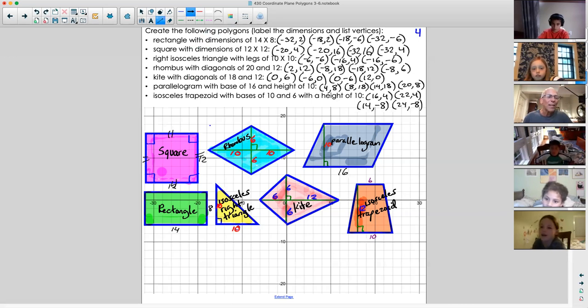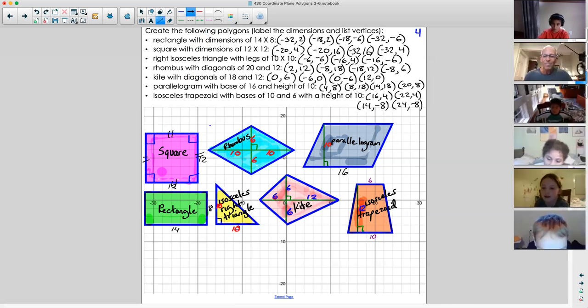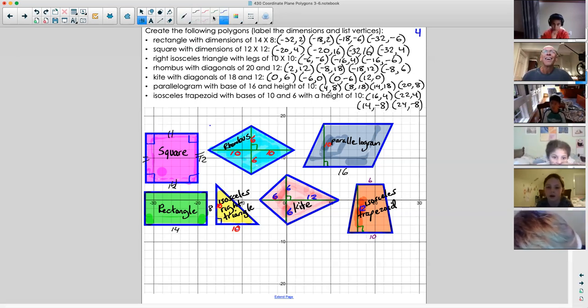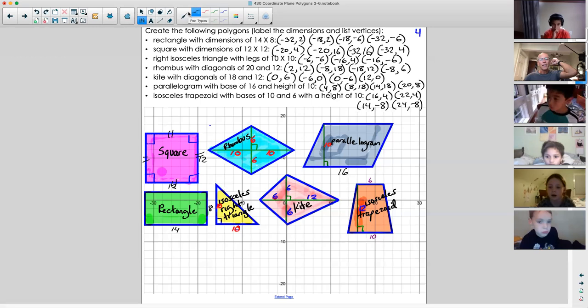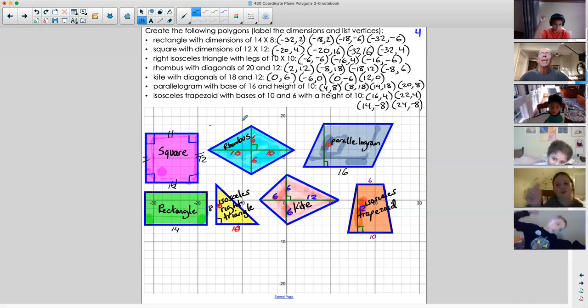And Gabby, what were you going to ask? I'm just wondering, are all of the rhombus's sides equal? Because they look sort of equal. Hey guys, I want everybody to go like this and go, Gabby rocks.